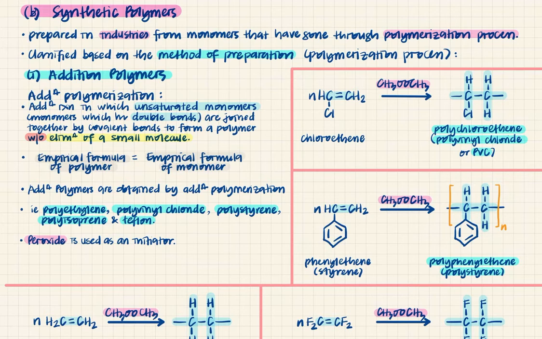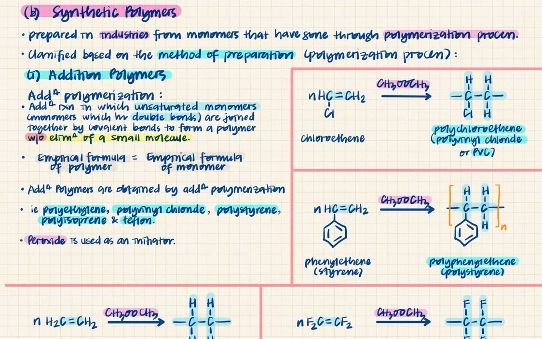Okay, so the first type of synthetic polymers is addition polymers. Since it's classified by the method of preparation, that means addition polymers are obtained by the addition polymerization process. Okay, that's the process. Addition, as you've learned before, means from a double bond to carbon-carbon single bonds.